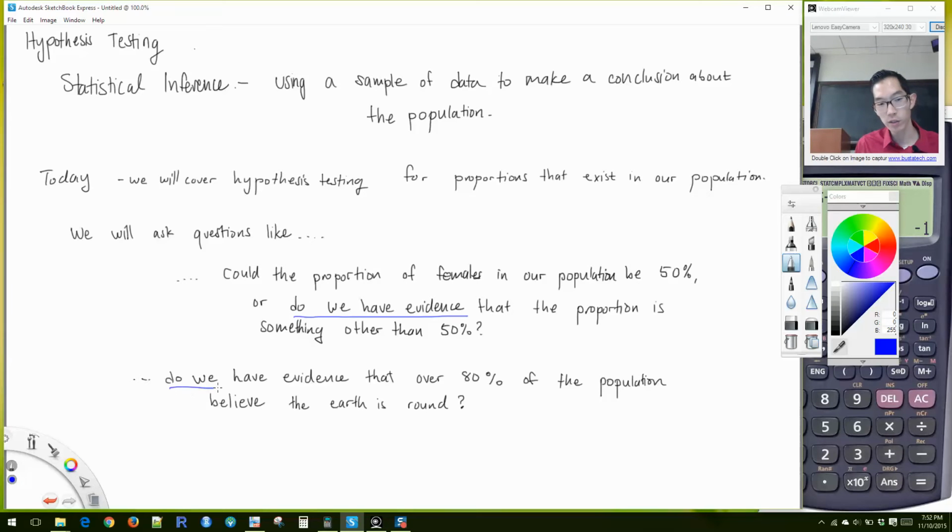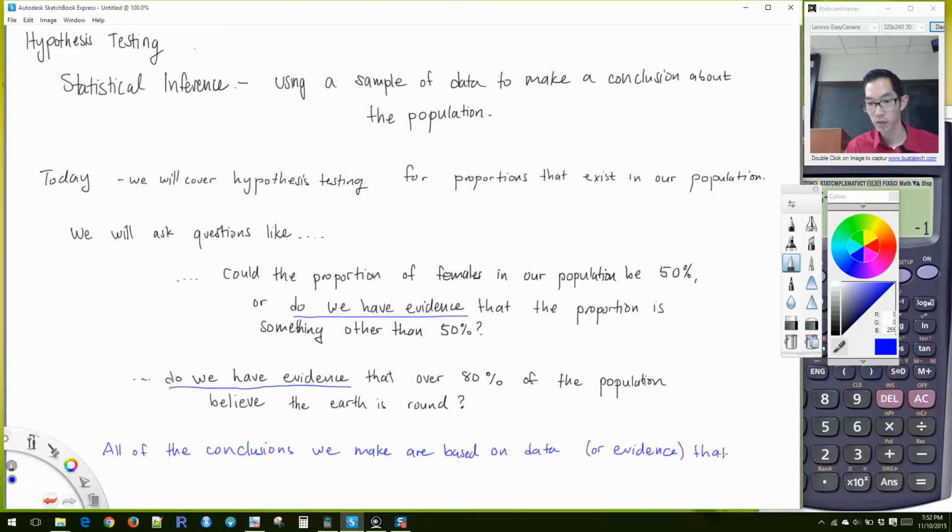So all of our conclusions are based on evidence, or based on data that we collect, or has been collected, I should say.